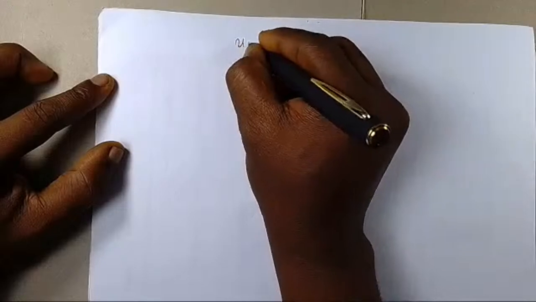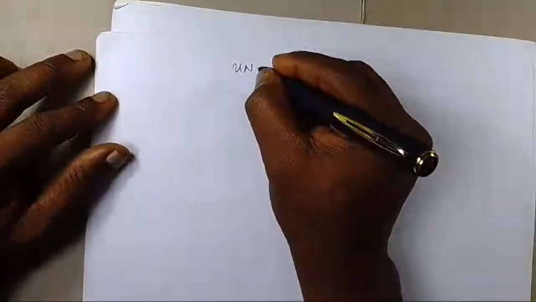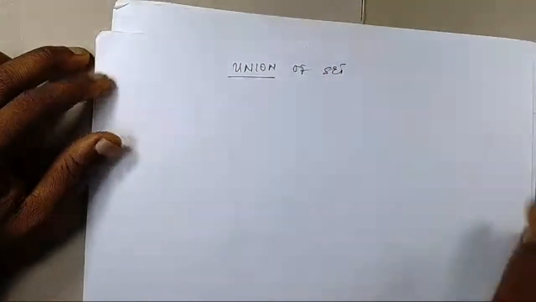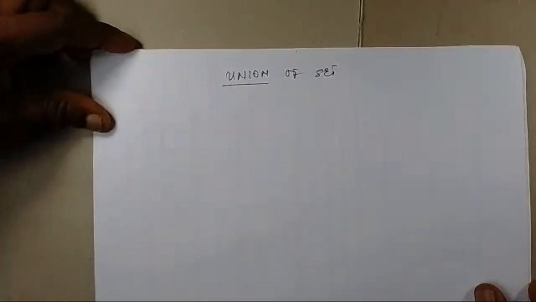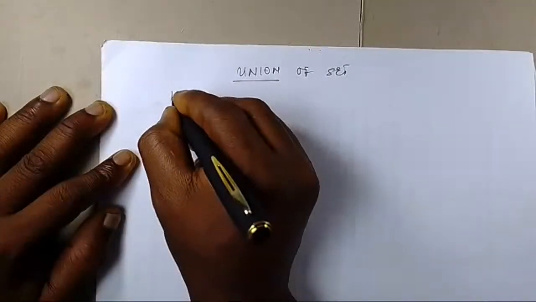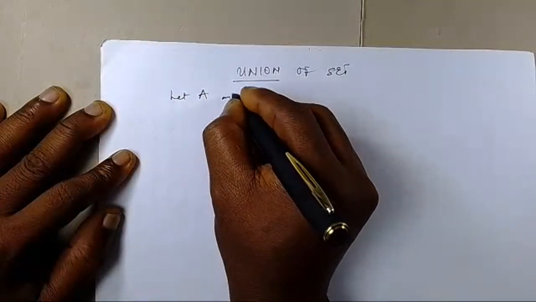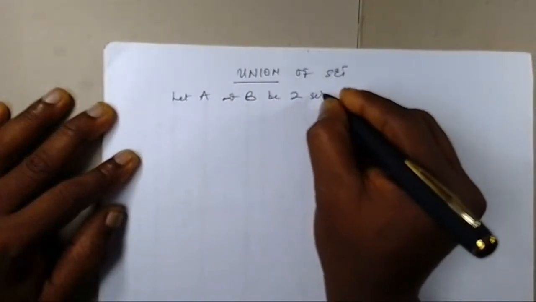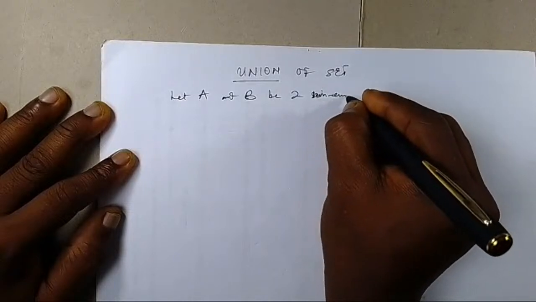Immediately after the intersection of sets comes another operation, which we will call the union of sets. The union is another set operation. So how do we define the union of sets? Let A and B be two non-empty sets.